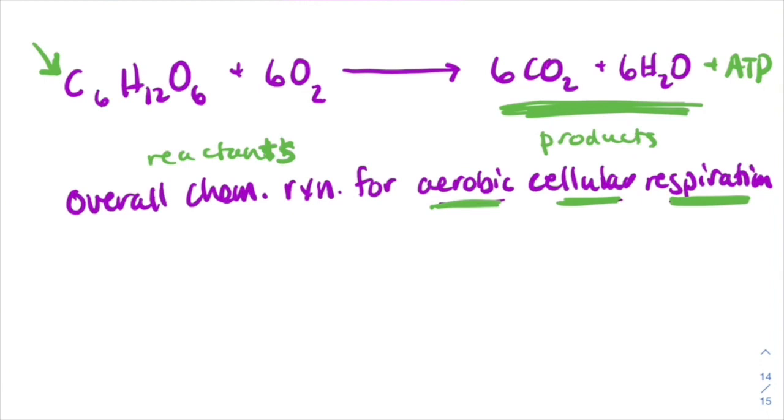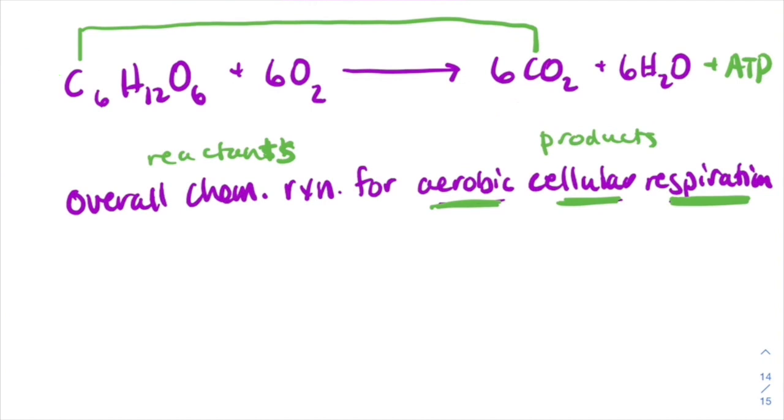The only place over in the reactants on the left-hand side where I see carbon is right here. And the only place that I see carbons in the product end is right here in CO2. So I am absolutely 100% convinced that all of the carbon in glucose gets converted to CO2 in this process.